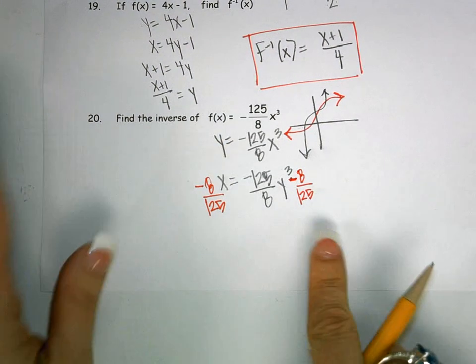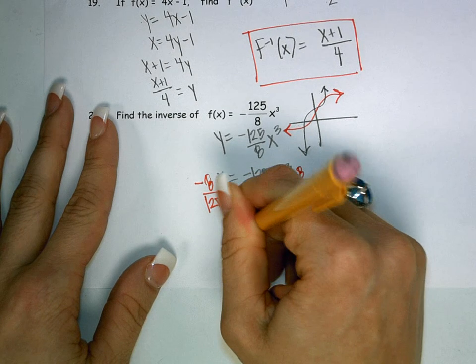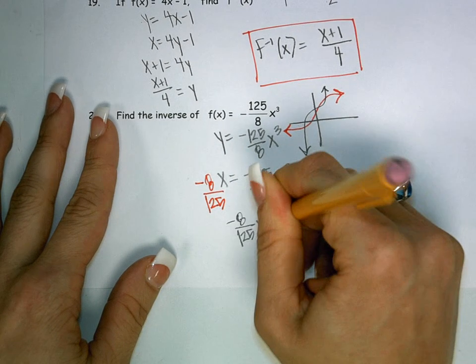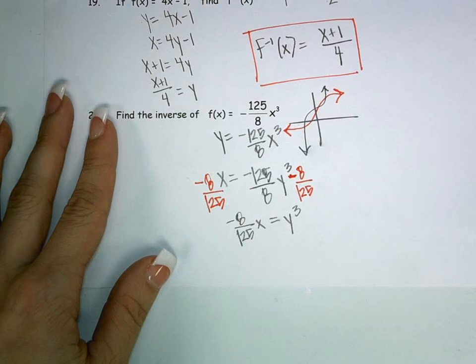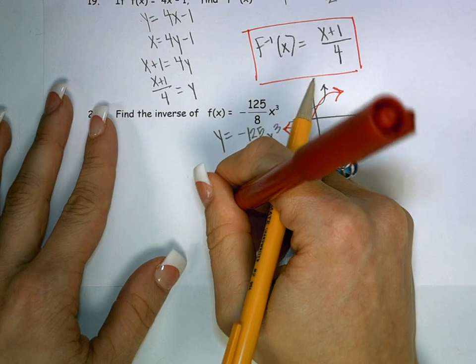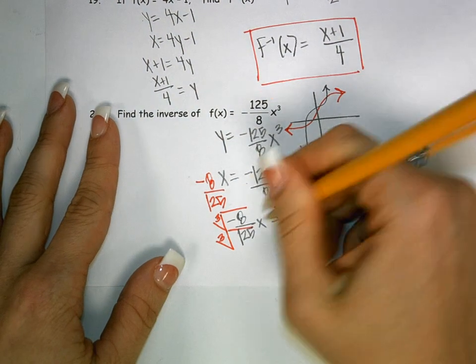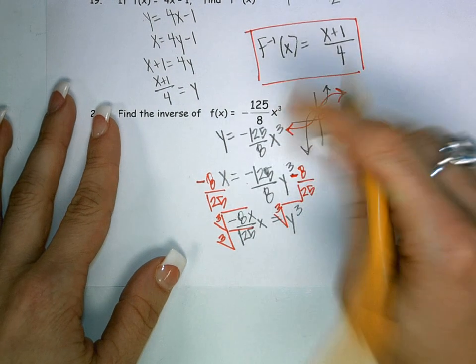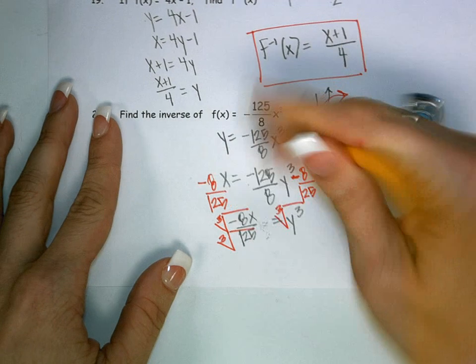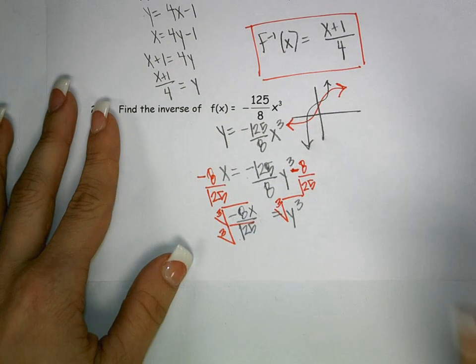So if you rewrite this, we get negative 8x over 125 equals y cubed. You can take the cube root of that. And when you take the cube root, you have to take both the top and the bottom. Remember, this x belongs with the 8 on the top. So it might be better to rewrite that way. Cube root of negative 8 is what?